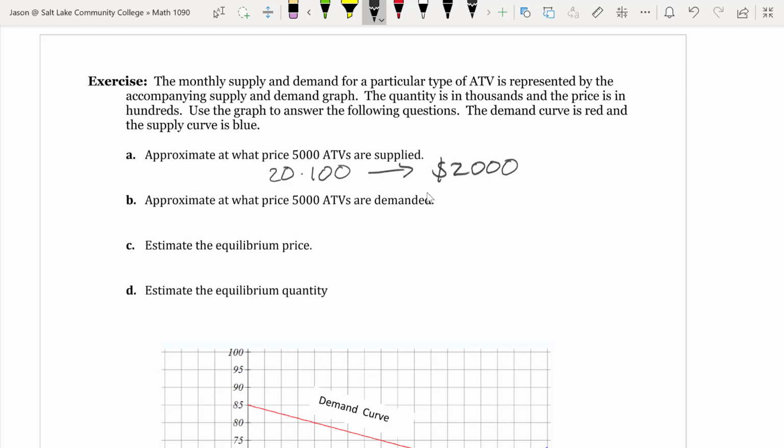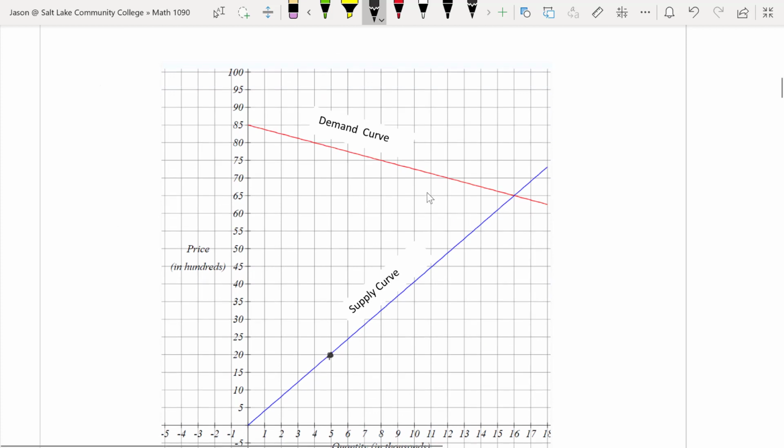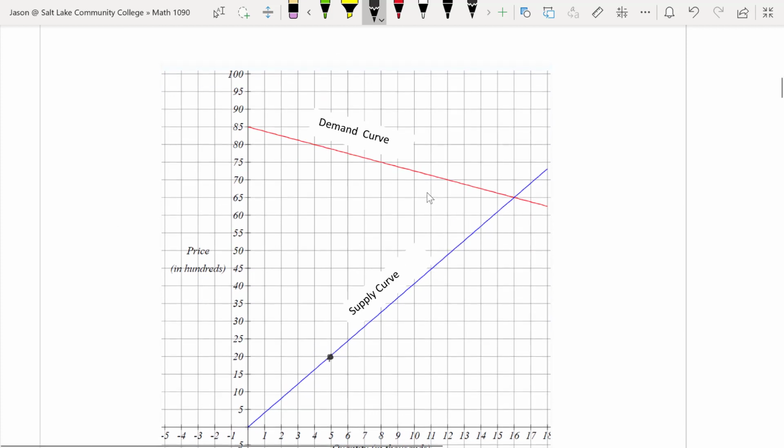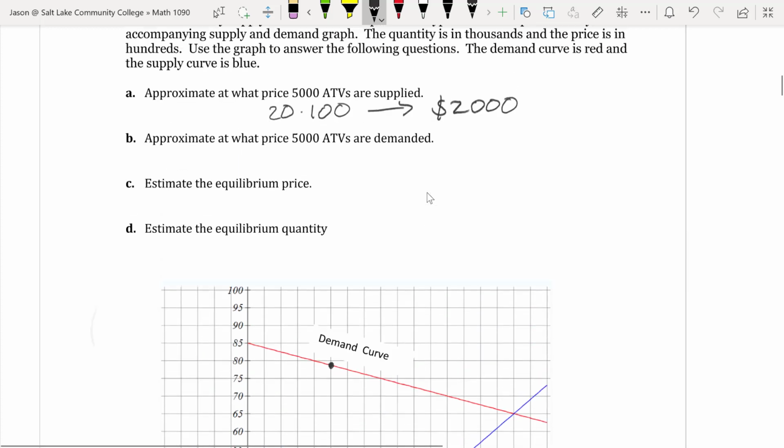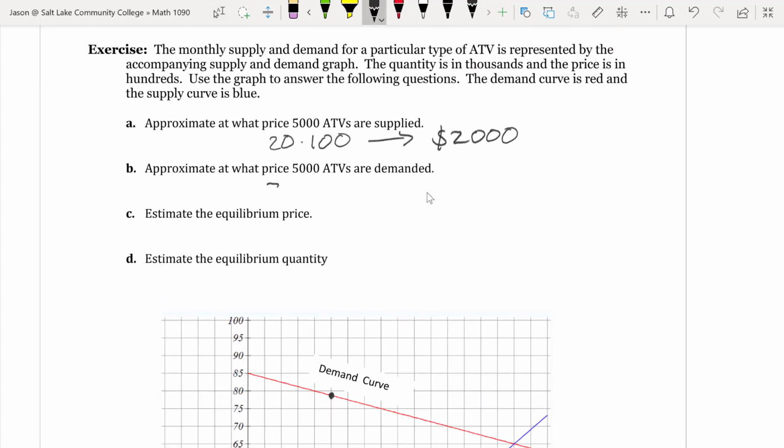Approximate at what price 5,000 ATVs are demanded. So we want to use the demand curve for this, and 5,000 ATVs are demanded at a price of about 78 times 100, or $7,800.